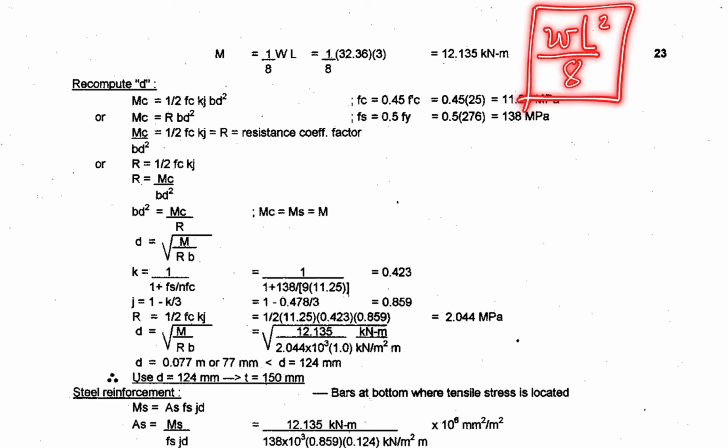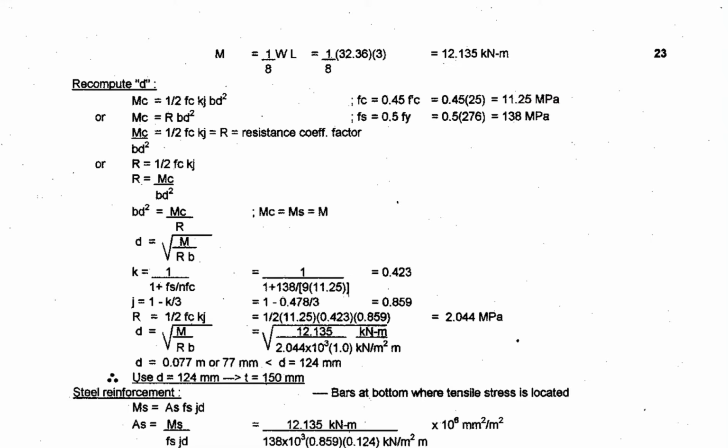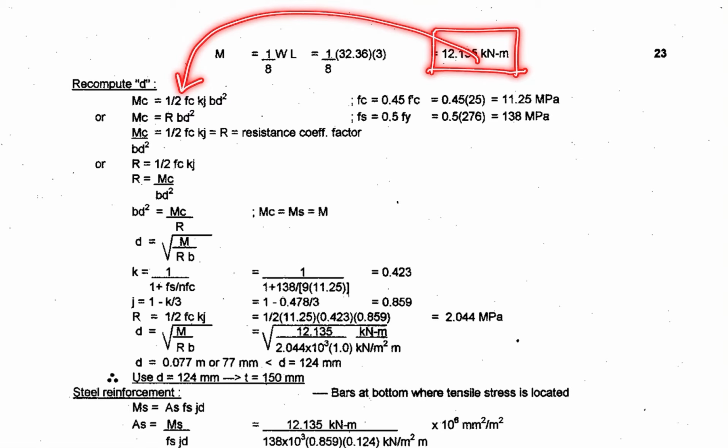Okay, that is for the maximum moment for simply supported slabs or stair slabs. So you have your W equal to 32.36, and then L, or the span, is 3. So therefore you have your moment equivalent to 12.135, and then you recompute the d using the resisting moment of concrete to solve for the d.